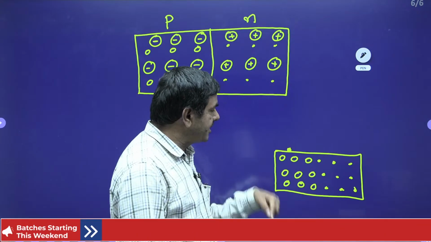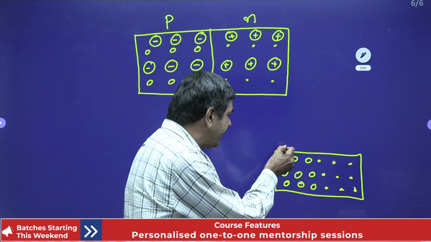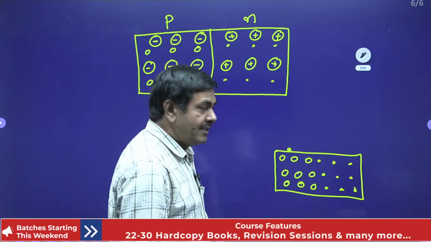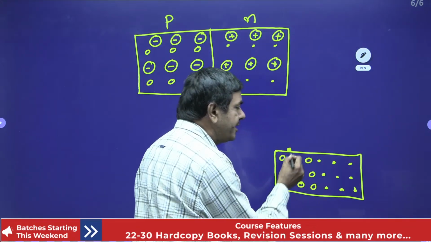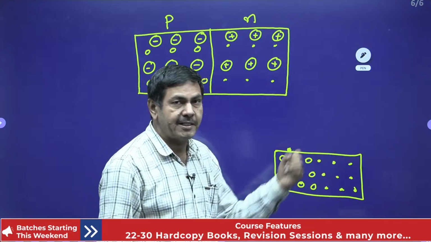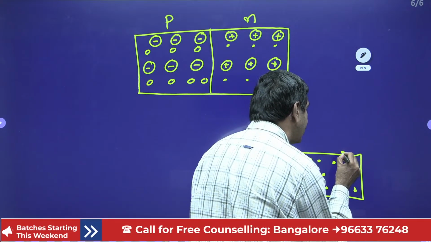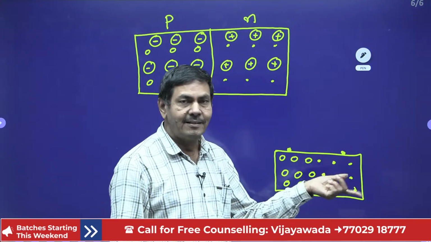Then the mechanism is applied so that a number of holes move. The p-type material allows a number of holes to develop, and they pass through the intrinsic semiconductor. On the other side, a small portion of the n-type material is dropped. Then what is going to happen?